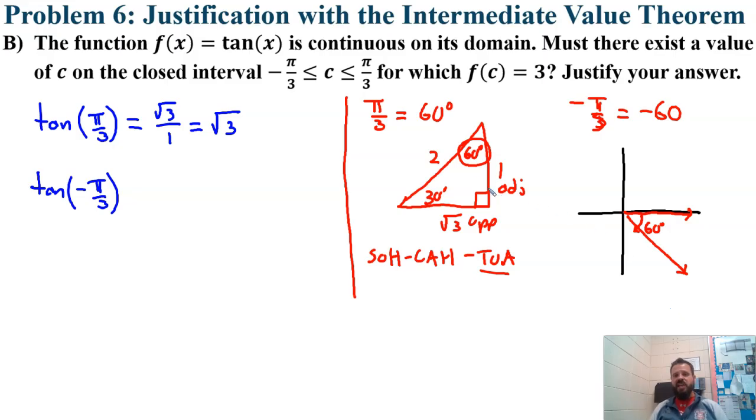Now let's apply that same special right triangle in this case. So we've got our 60, 30, 1 across from the 30, root 3 across from the 60, and 2 is the hypotenuse. Now the only difference here is since my root 3 is going in the negative y direction, I'm going to say that's a negative value. 1's still moving in the positive x direction, so that's positive. And the hypotenuse is always positive.